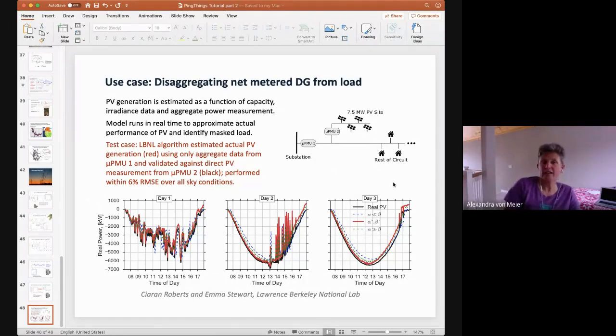You can correlate that with insolation, sunshine data that you have separately. Even for a cloudy day, you can do a pretty good estimate in real time of how much solar is being generated. Grid operators are very interested in this because they want to know how much load is actually being masked by solar generation when all they can see is the net load.